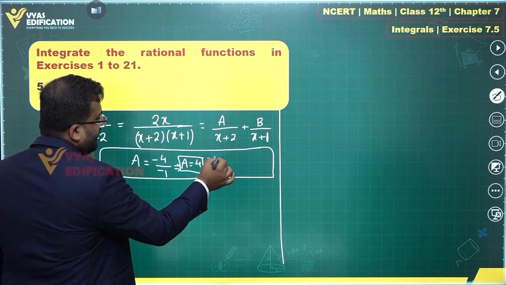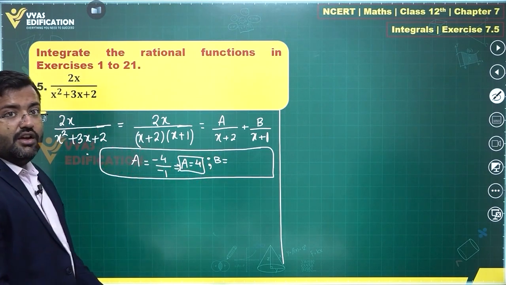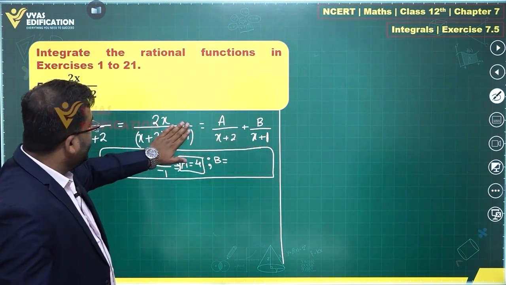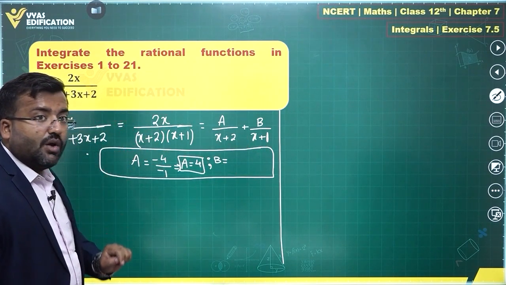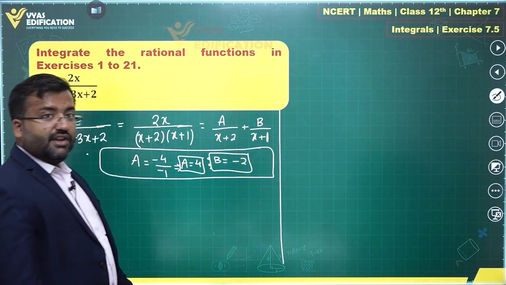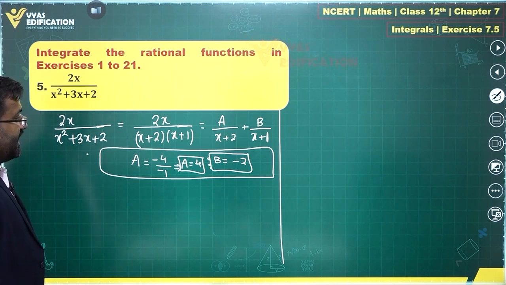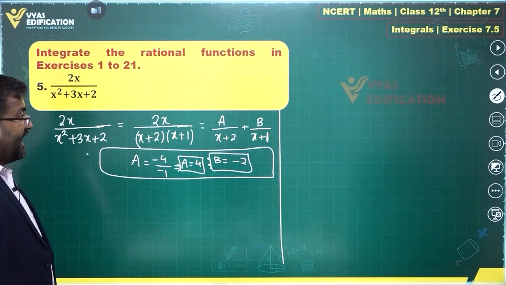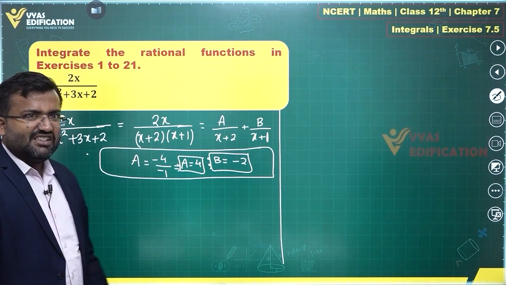What about the value of b? We'll put x equal to minus 1 over here by removing this. This is minus 2, this is 1. So b equals minus 2 actually. Very interesting. So a equals 4, b equals minus 2 is what I get, and this is a shortcut approach.